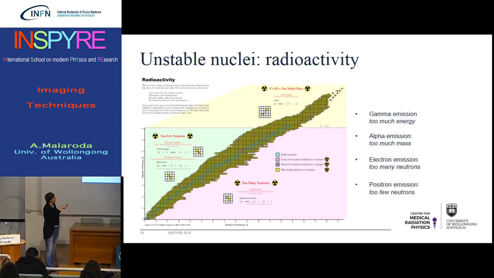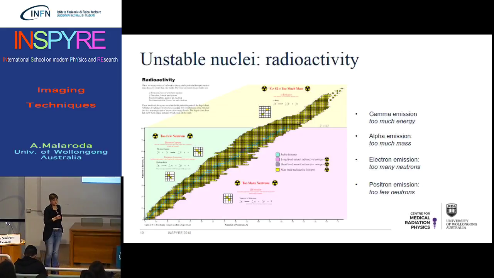If the nuclide is down here, it's got too many neutrons. So if it's got too many neutrons, what does it need to do? If I've got too many neutrons, I need to lose a neutron. And the way you lose neutrons is by converting a neutron into a proton plus an electron.